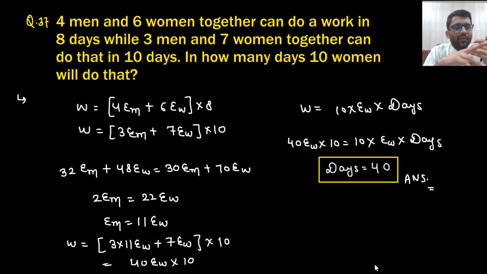So 10 into efficiency of woman into days. So you need to find the work in terms of efficiency of woman. Basically, if 40 women work for 10 days, or 10 women work for 40 days, the work will be completed. So 40 into EW into 10, that we can equate. From there we got 40 days.